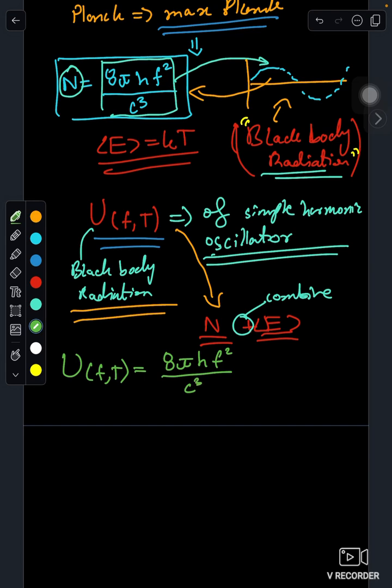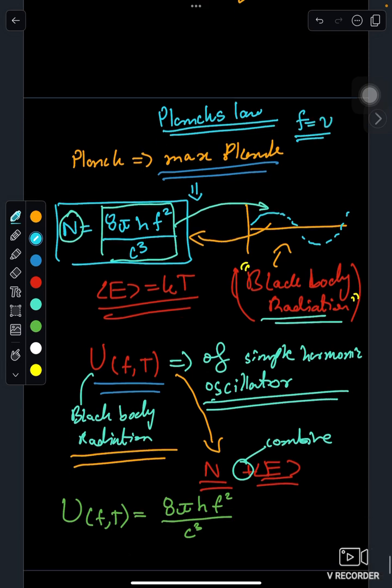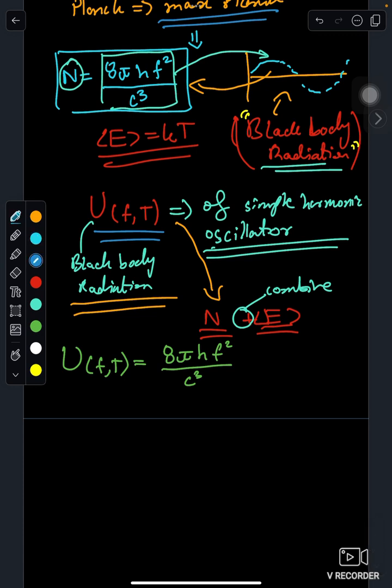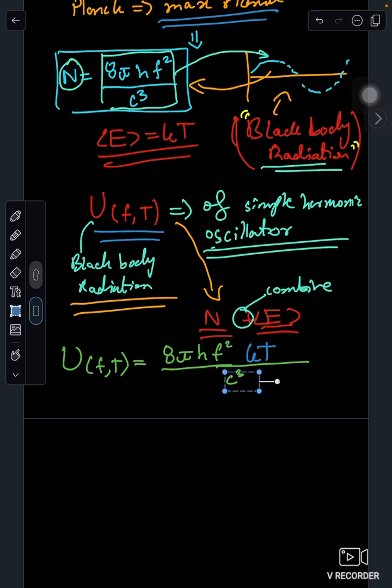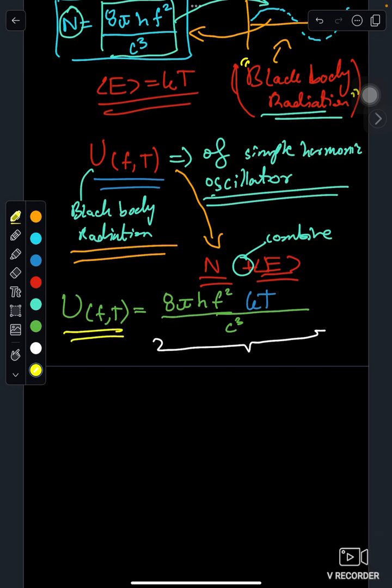Some places instead of f they write mu. It's the same thing, but here I will be using f. When I combine this, I get kT. This is how we get black body radiation of a certain frequency, with energy kT.